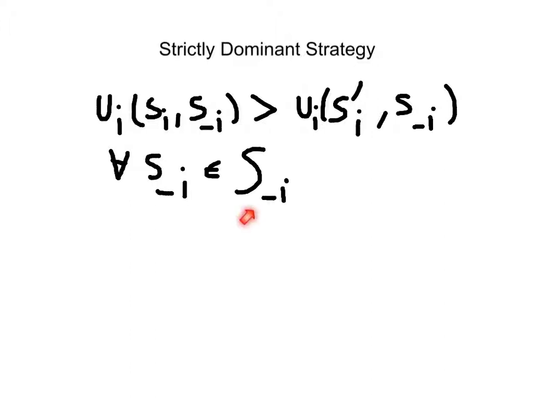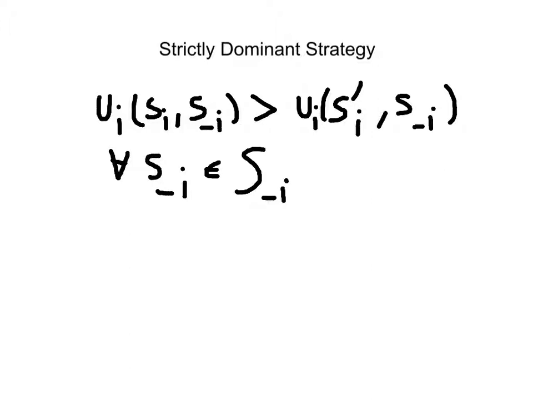This set here, capital S negative I, is simply the set of all possible strategies played by other players. Okay, so in this case here, S_I is a strictly dominant strategy. You get a higher payoff by playing this than any other strategy available to you, and this is the case regardless of what other players are doing.